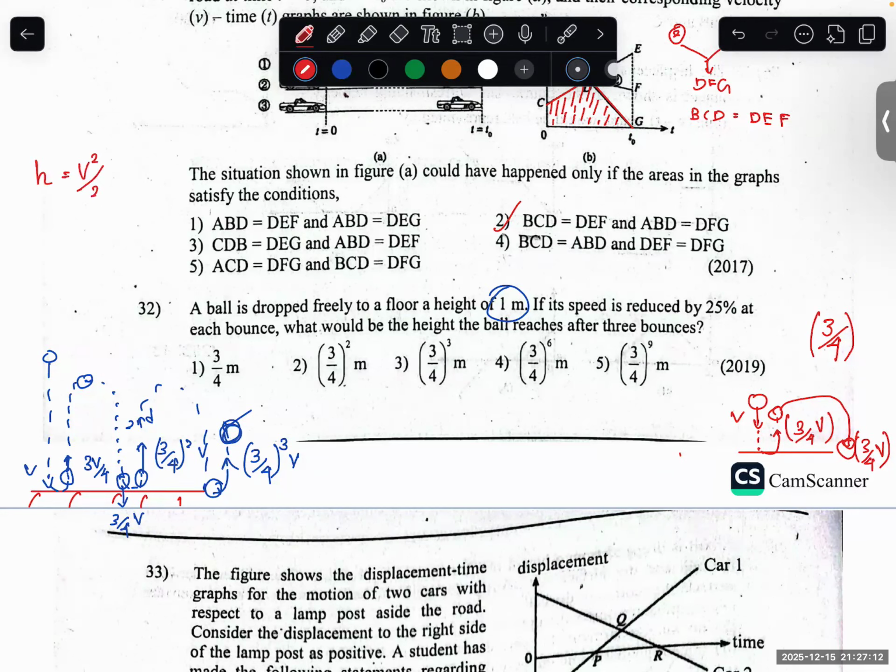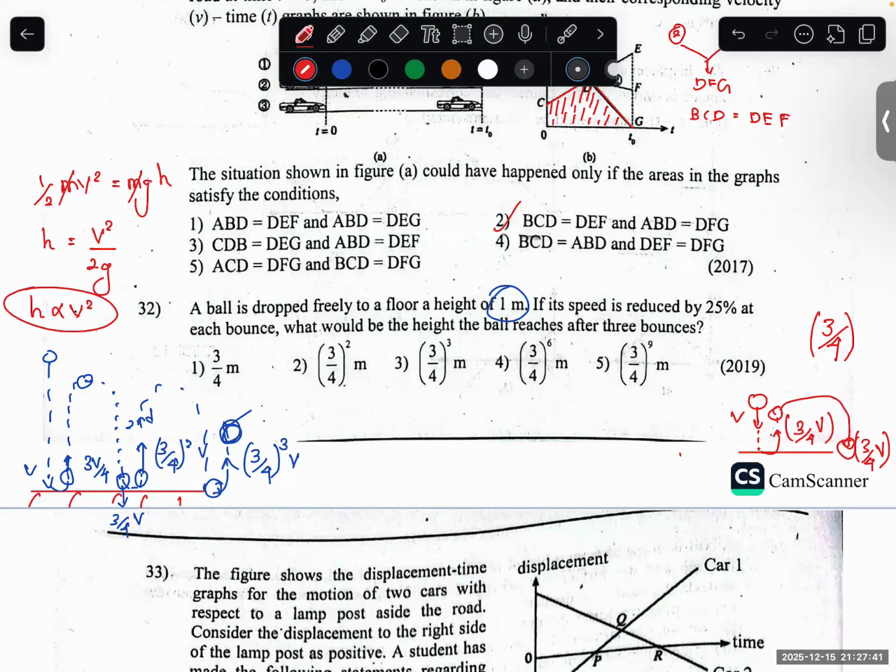It's called v squared over 2g, right? So initial kinetic energy, half m v squared, is the final potential energy. You can cancel the m's, and then h will be equal to v squared over 2g. g is a constant, 2 is a constant. So therefore, h is directly proportional to v squared.